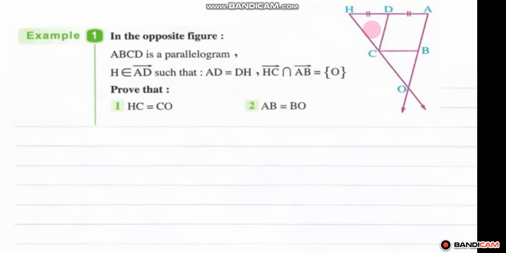Another given: HC intersects AB at the point O. So HC intersects AB's extension at point O. Prove that HC equals CO and then AB equals BO.